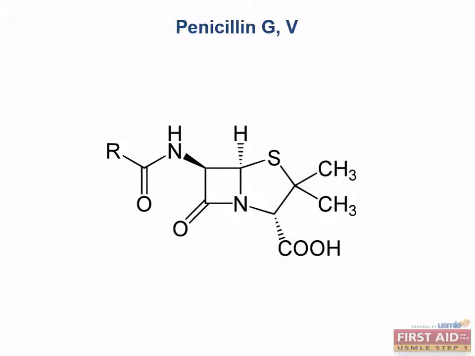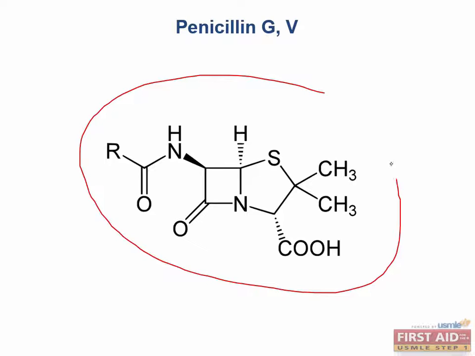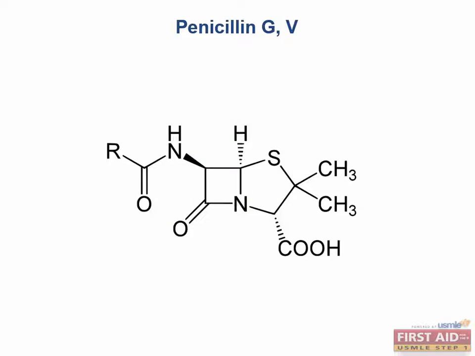To understand why these penicillins are sensitive to beta-lactamases, let's take a quick look at the chemical structure of penicillin, as seen here. Can you point to the screen where the beta-lactam ring is? Very good, it's right here, this 4-membered ring. The beta-lactam ring is found in all of the beta-lactam drugs, and it is the part of the molecule that is susceptible to cleavage by beta-lactamases.